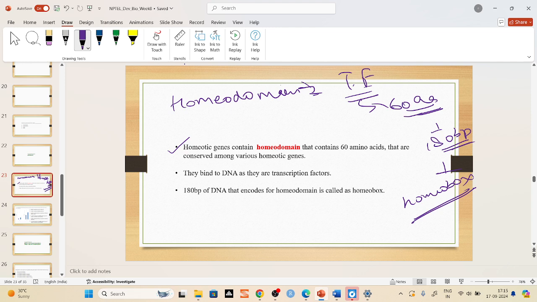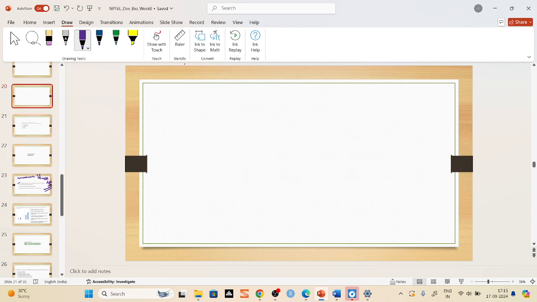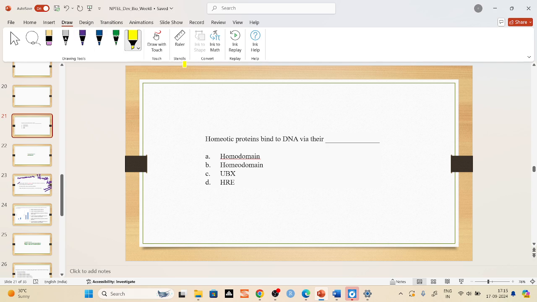Now can anybody tell me what is the difference between a homo domain and a homeo domain? Can you tell me what is the difference between homo domain and a homeo domain?